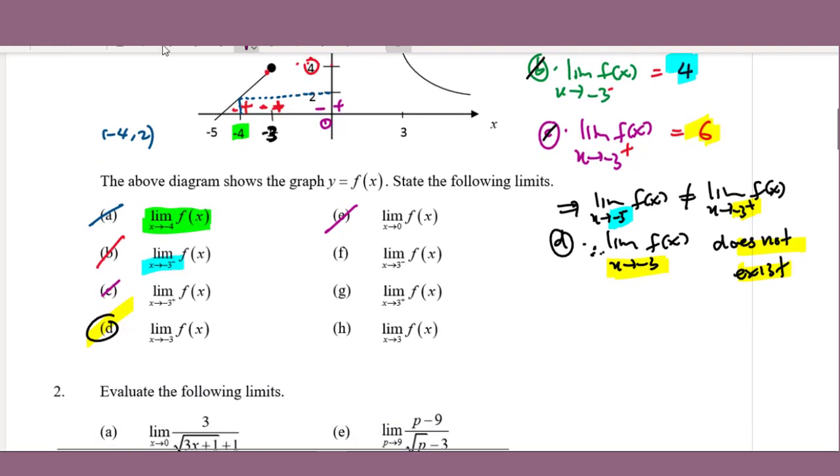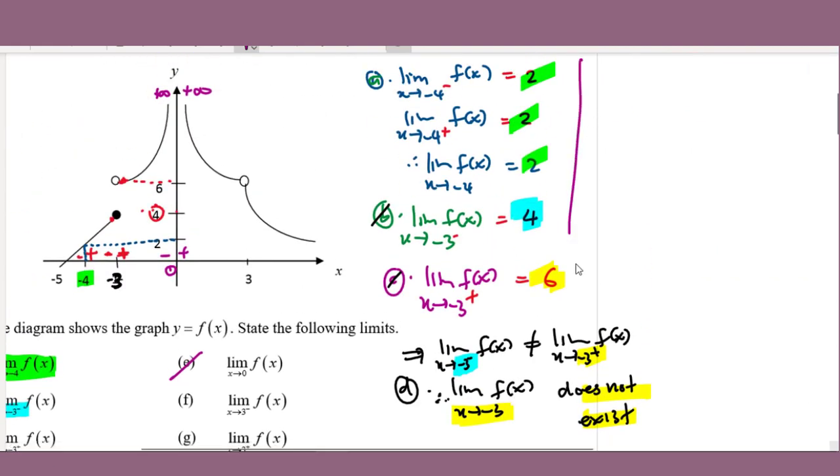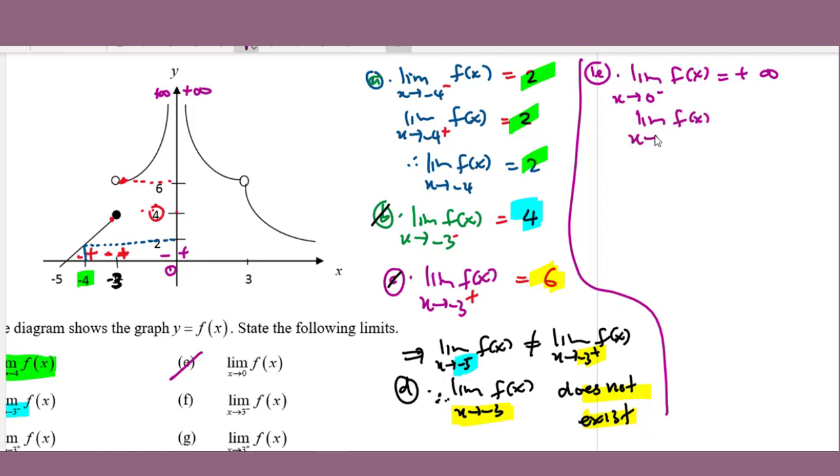So for E, the limit as x approaches 0 from the left is positive infinity, from the right also positive infinity. Therefore the limit as x approaches 0 is positive infinity. Actually, this is undefined: it tends to positive infinity, but we cannot determine the exact value. That settles E.